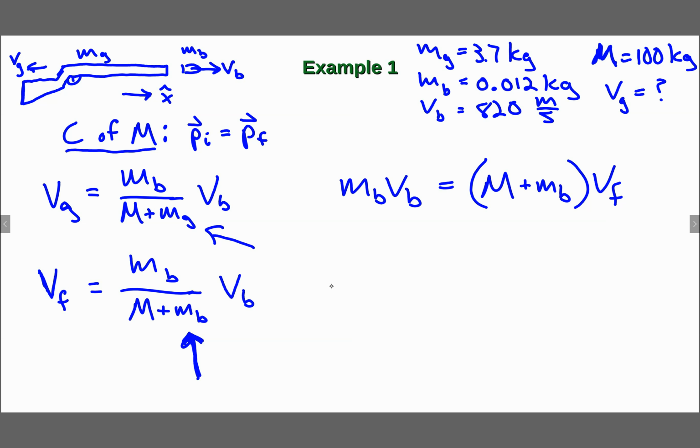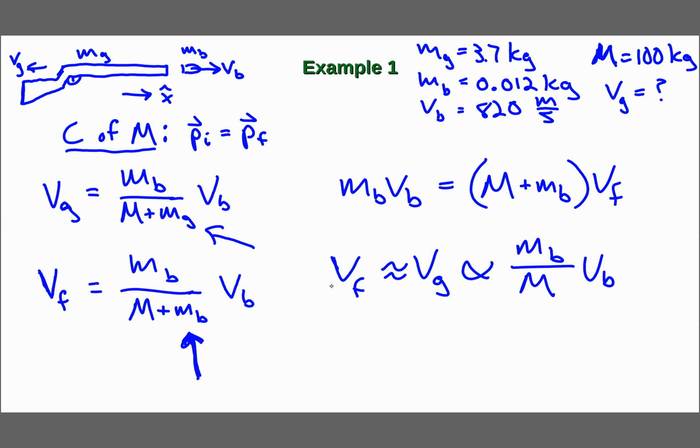The mass of the bad guy plus the mass of the bullet is really just the mass of the bad guy. So really, both of these look like VF is approximately equal to VG, which is approximately the mass of the bullet divided by the mass of the person, times VB.